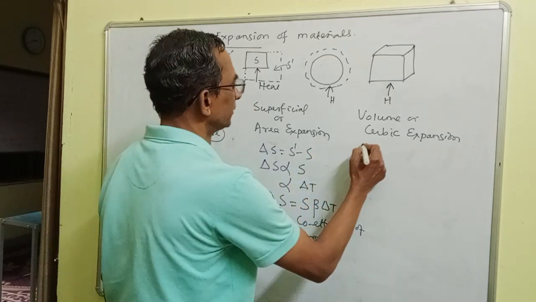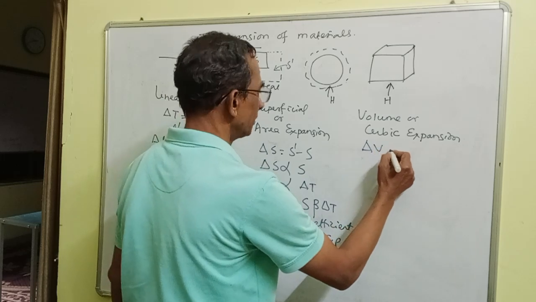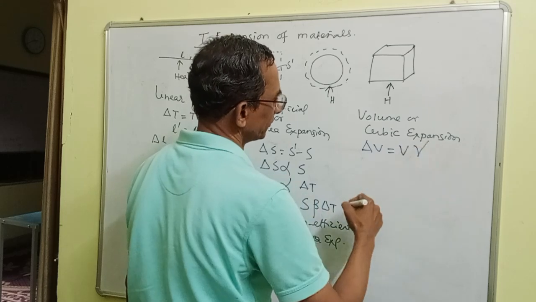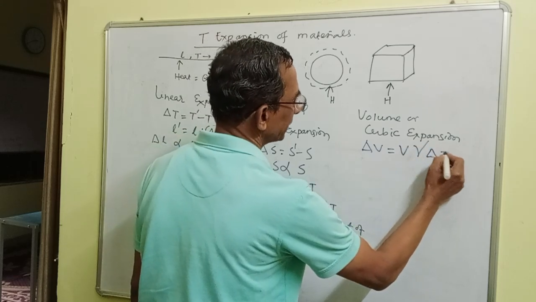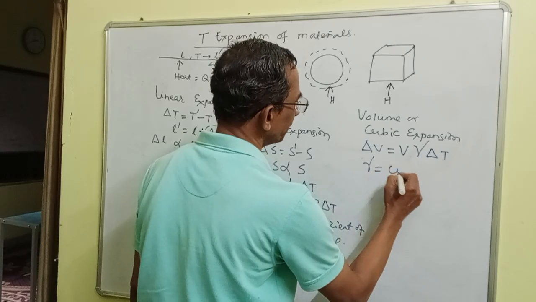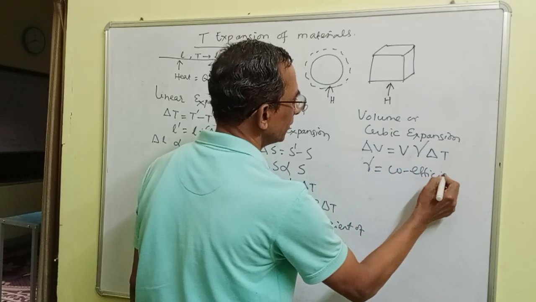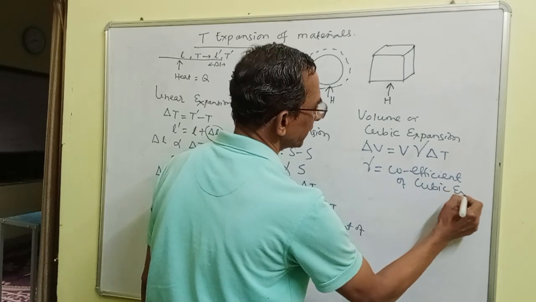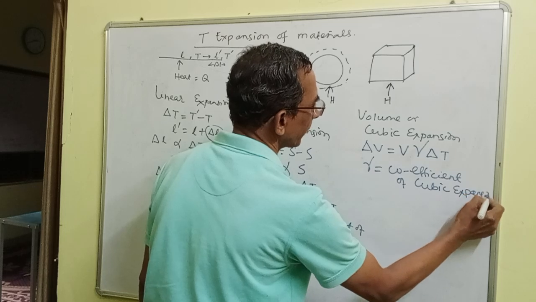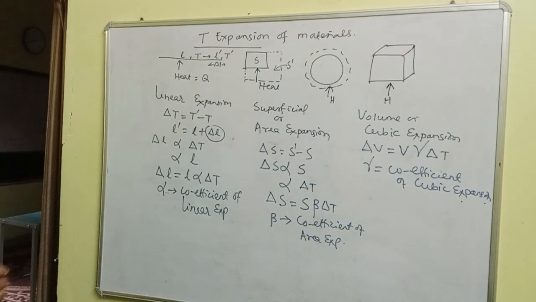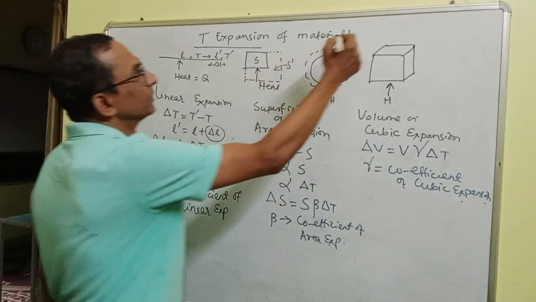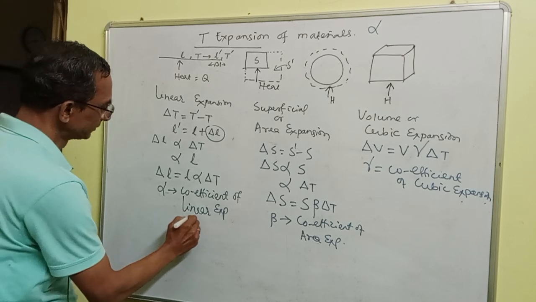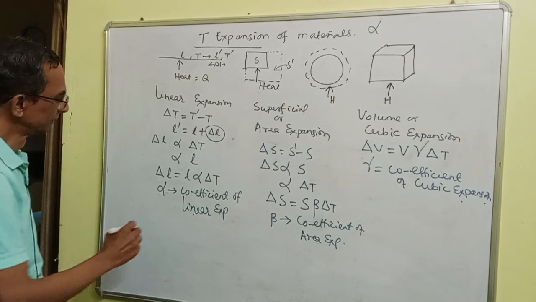In similar manner, the change in volume is equal to original volume times gamma and delta T. Here gamma is the constant, we say coefficient of cubic expansion. The relation between alpha, beta and gamma is: these coefficients are again temperature dependent.